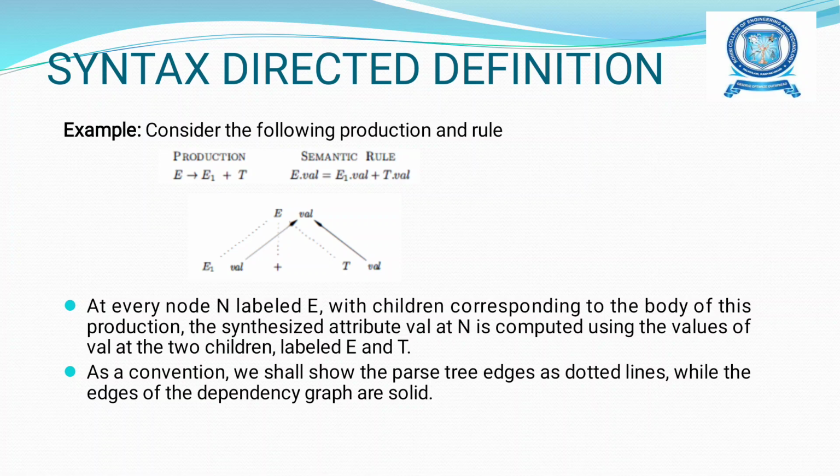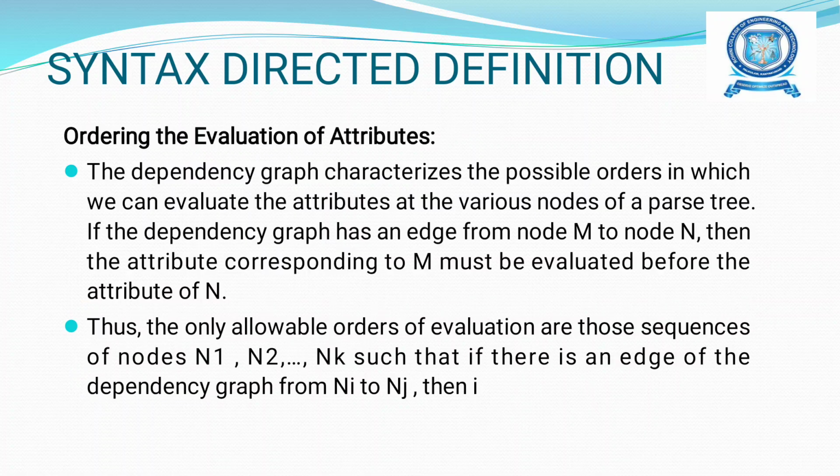So here, at every node N labeled E with the children corresponding to the body of this production, the synthesized attribute value at N is computed using the values of val at the two children labeled E and T. So, ordering the evaluation of attributes: the dependency graph characterizes the possible orders in which we can evaluate the attributes at the various nodes of the parse tree.